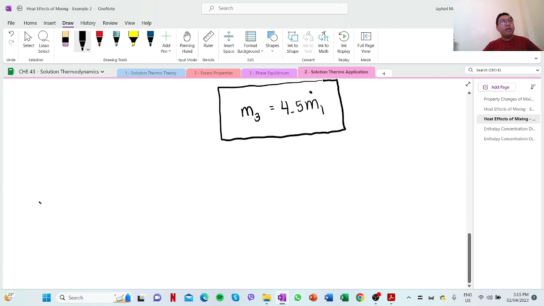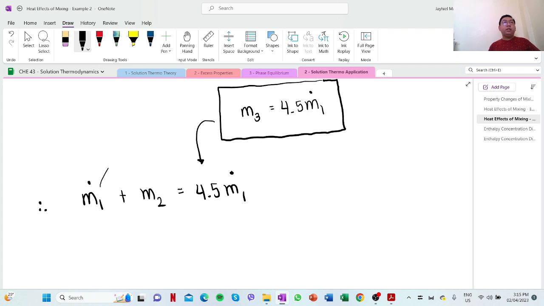Therefore, M1 dot plus M2 dot is equal to M3, which as mentioned earlier is 4.5 M1 dot. I will move the M1 to the other side.